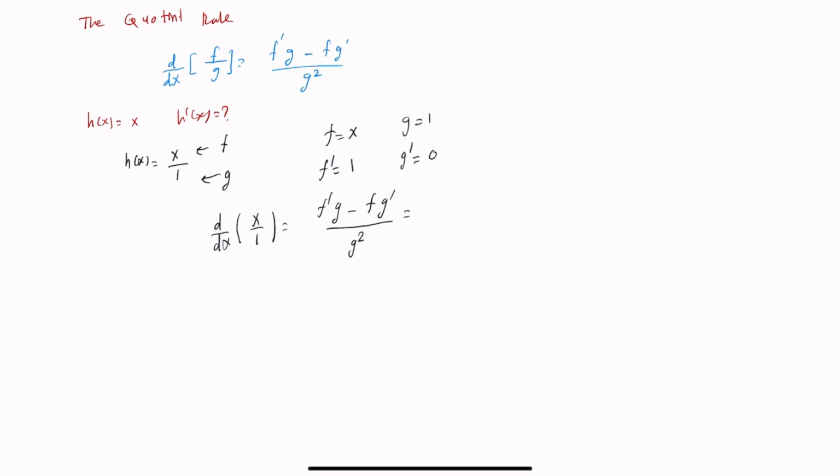So here f prime is equal to 1, and then g is equal to 1, and then minus f, which is x, multiplied by g prime, which is 0, and then g squared, it's 1 squared. This is going to be equal to 1 minus 0, and then over 1, which is equal to 1 over 1, which is equal to 1. This is exactly the same thing we found previously.